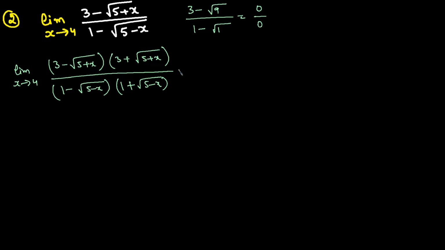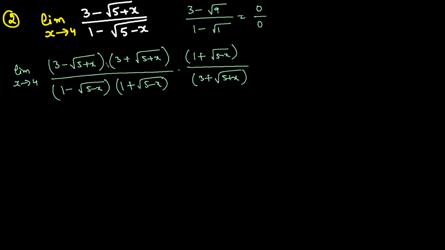But if we are multiplying, I'm going to divide by this term too. I'm dividing by this term, so I need to multiply this term too. In the numerator, I'll get this term also, 1 plus root of 5 minus x. In the denominator, I have 3 plus root of 5 plus x. Okay, so see, they cancel out, and we get the original function back.